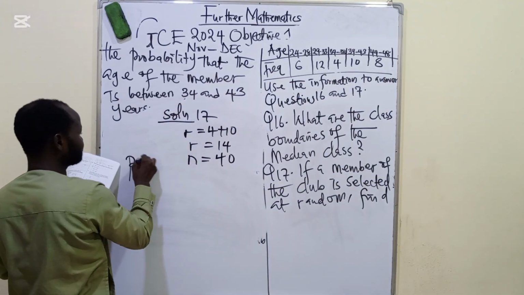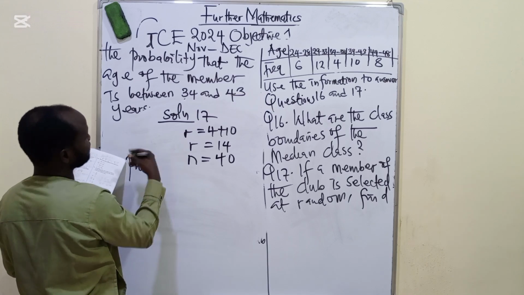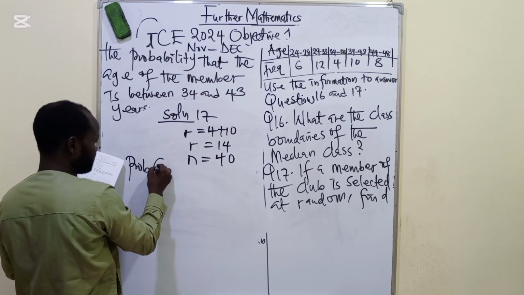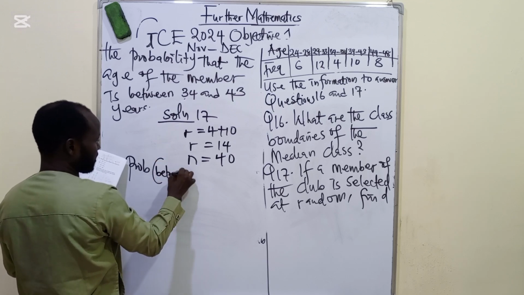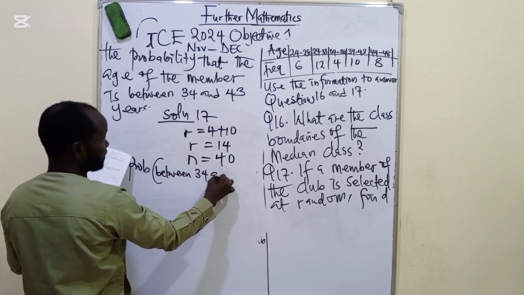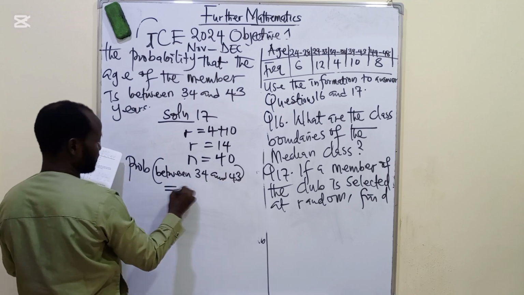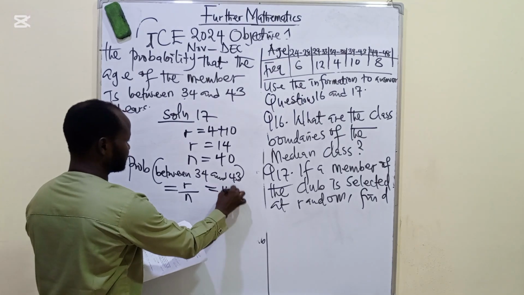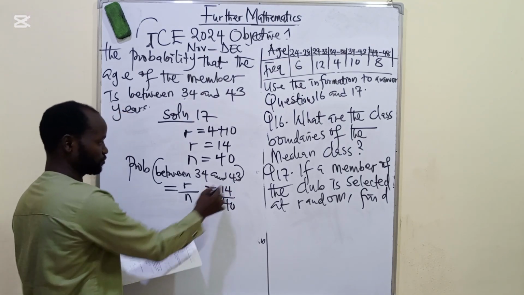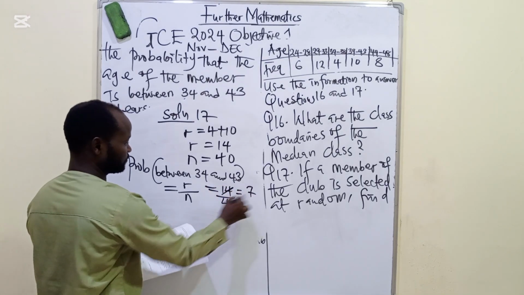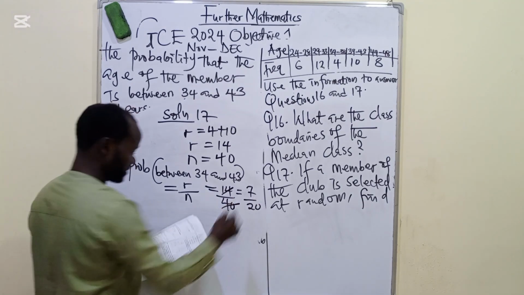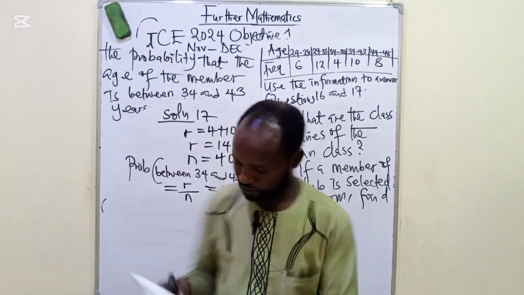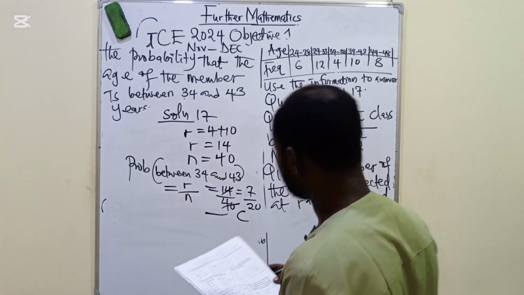So the probability of the member being between the age 34 and 43 will be r divided by n. And our r is 14 divided by 40. We can reduce this. 2 into 14 is 7, 2 into 40 is 20. And that will be option C. So the correct option to 17 is option C.